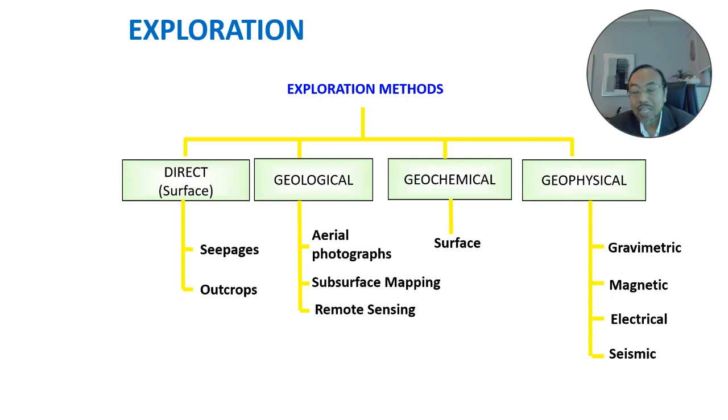Geochemical exploration campaigns aim at locating hydrocarbon deposits through recognition of unusual concentrations of chemical components in superficial materials such as soil, stream sediments, rocks, water, plants, and air. There are four main geophysical methods used in petroleum exploration, i.e. gravimetric, magnetic, electrical, and seismic.